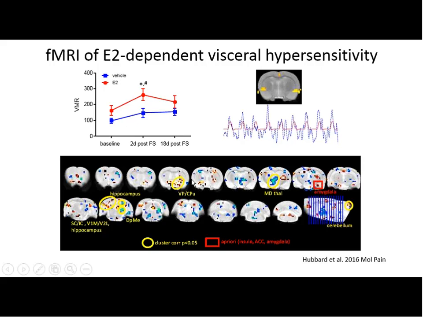Ventral pallidum or ventral caudate, so this is really ventral striatum, which is an area that's known to be highly involved in the reward system. Medial thalamus, which is also thought to be involved in the more affective response to pain, the amygdala, and the hippocampus. So all areas that are more involved in the emotional response to pain or just emotion in general, rather than sensory regions.